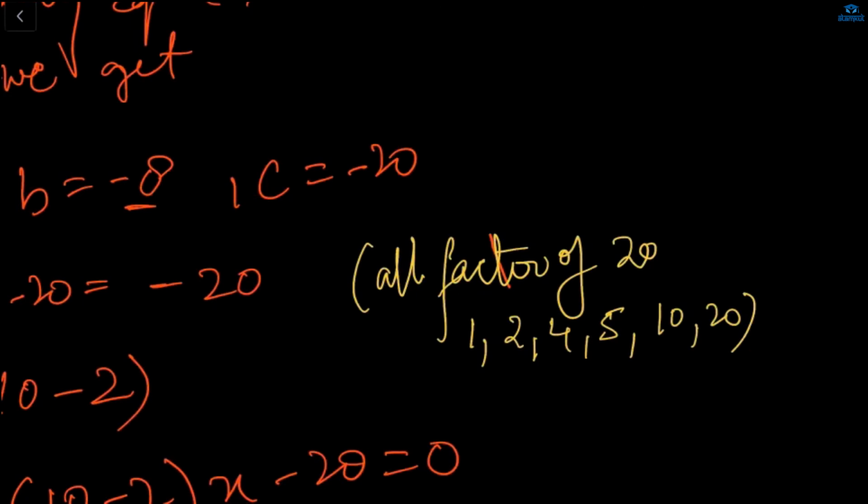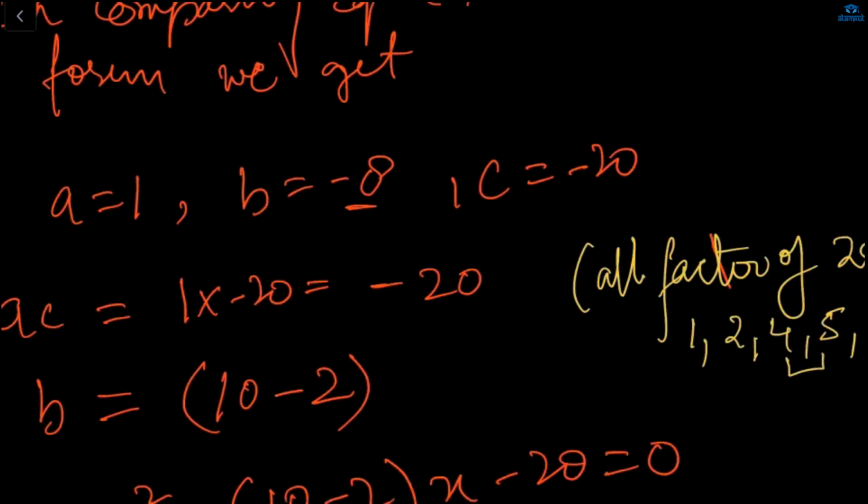Now, among these factors, you have to use them. Just say 5 4s are 20. The combination of 5 and 4 is giving you 20. Now you have to use it in such a way that it will give you B. Now you have to see the sign also.